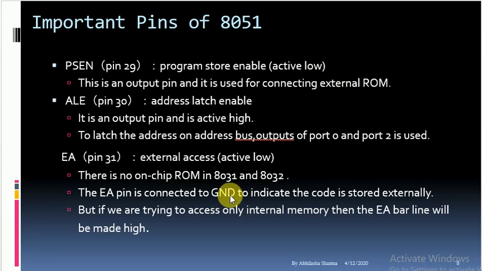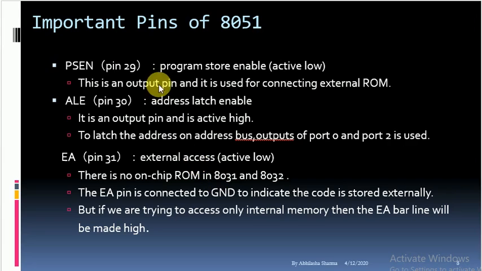Whereas the 8031 and the 8032 are different versions of the microcontroller that have no on-chip ROM. So whenever you want to connect the ROM externally, this pin is used.